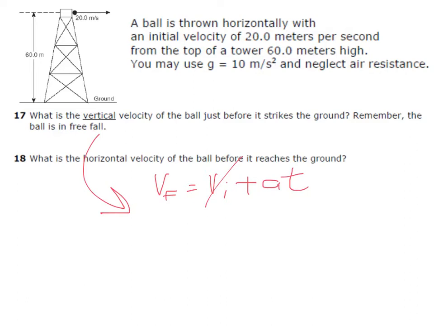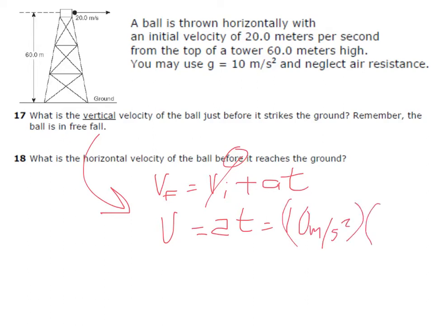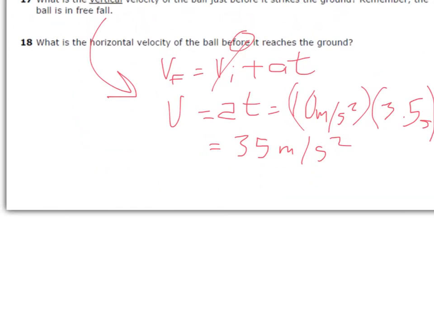V initial is 0, so we can neglect it, and we end up with V is equal to AT, so it's equal to 10 meters per second squared times the 3.5 seconds that we came up with in the previous question, so we end up with 35 meters per second squared.